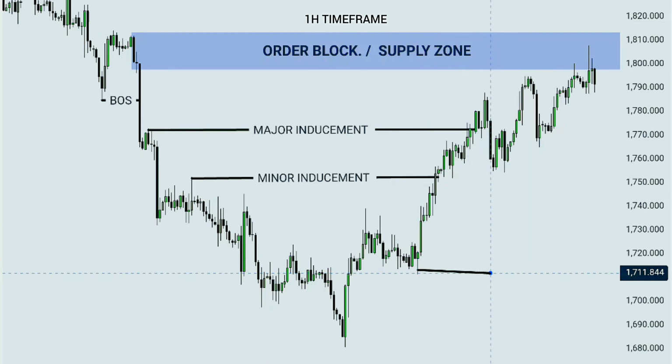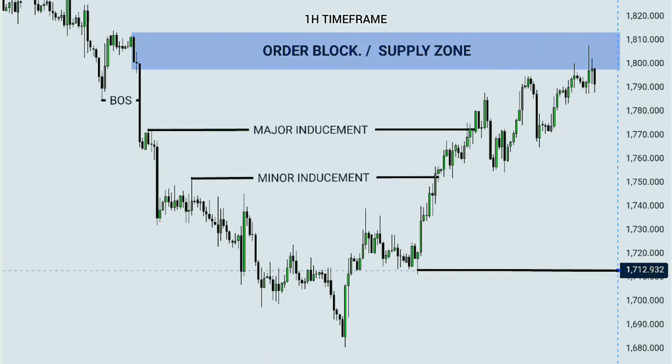Sell-side liquidity represents resting stop orders below price, typically formed at equal lows, protected lows, or obvious swing points. On this chart, after price reacts from the bearish order block in premium and confirms with a lower time frame break of structure, the directional bias remains to the downside.